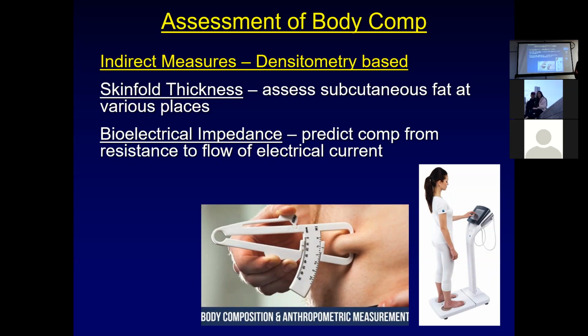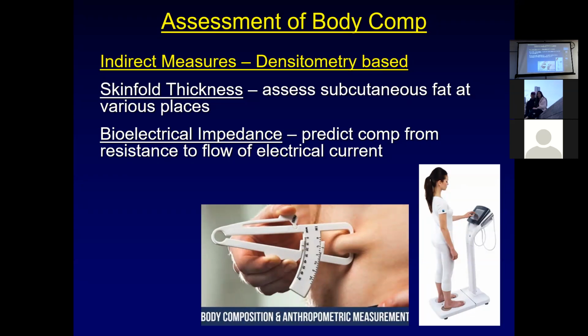The idea behind skin folds is that subcutaneous body fat is the largest reservoir of adipose tissue in your entire body, okay? And so if we can get these rough estimates of how much subcutaneous fat you have by measuring these skin folds, we can get a reasonable approximation of your total body fat, okay?